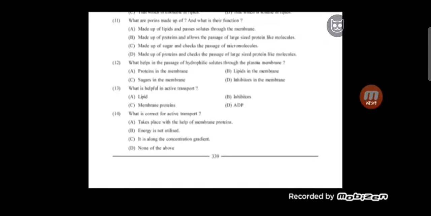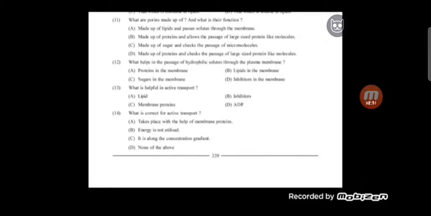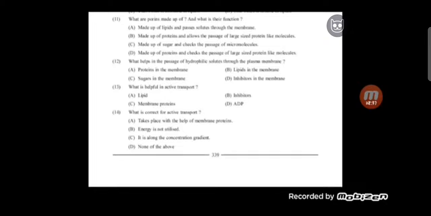So therefore the correct answer for question number 14 is option C, it is along the concentration gradient.